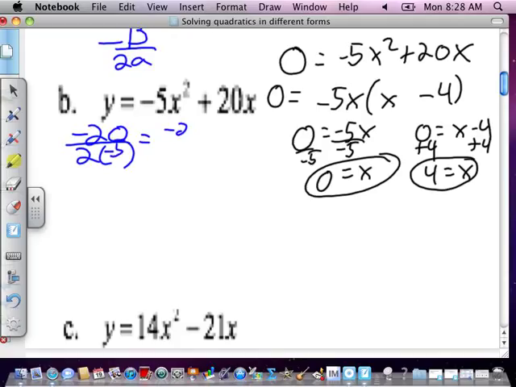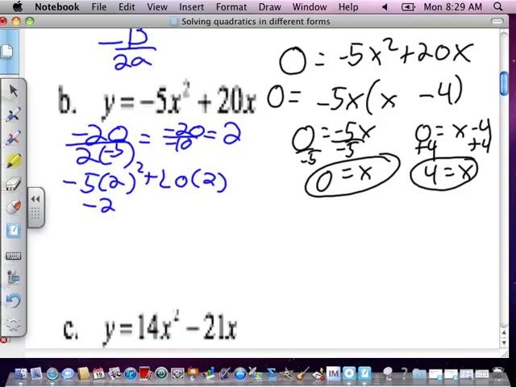So I get negative 20 over negative 10. What does that equal? Positive 2. And then I say negative 5 times 2 squared plus 20 times 2. 2 times 2 is 4. 4 times 5 is negative 20. 20 times 2 is 40. So I get 20. So my vertex is 2, 20.